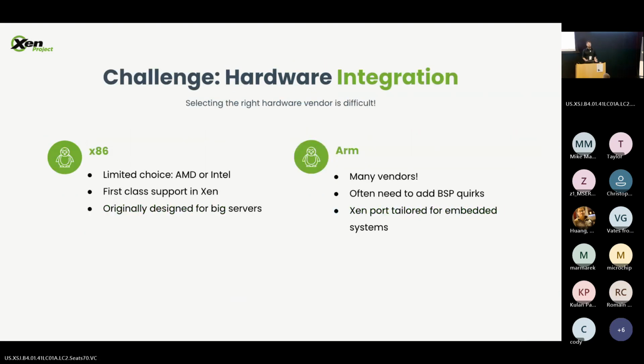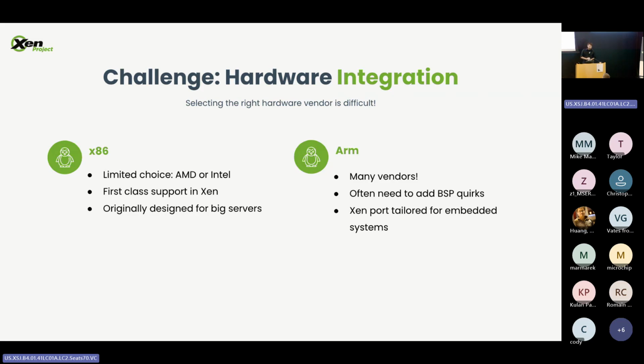And with independence also comes freedom of choice of what hardware you can use, which hardware platform, for this big ECU I presented previously. Xen has solid support for both of the most popular platforms, x86 and ARM. With Intel, it's a bit simpler to choose. It's only pretty much two vendors, AMD or Intel.